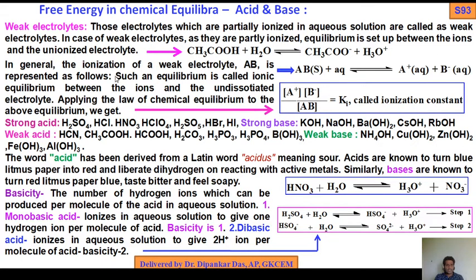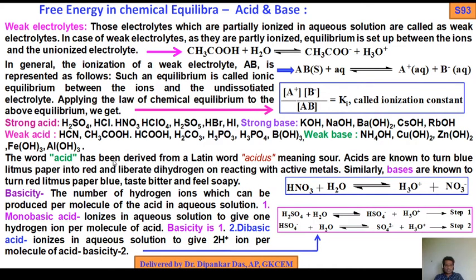Such an equilibrium is called ionic equilibrium between the ions and the undissociated electrolyte. Applying the law of chemical equilibrium, Ki equals molar concentration of A+ times molar concentration of B- divided by AB.